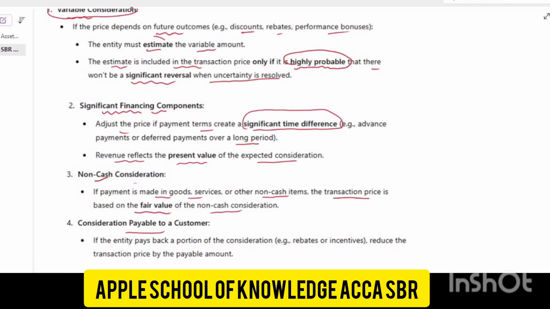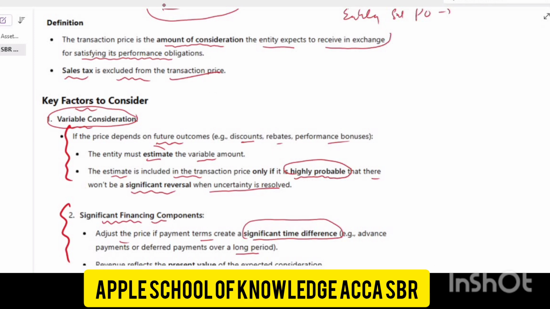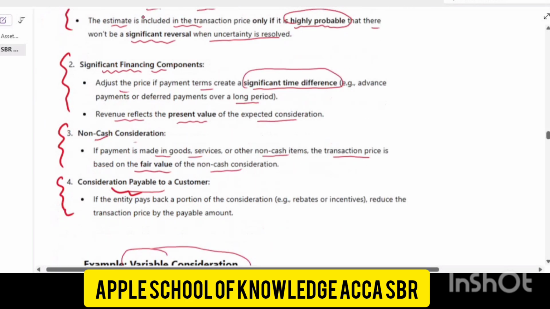We have already discussed variable consideration, then the significant financing component, also non-cash consideration, and now we have just done consideration payable to the customer. So when you are determining the transaction price, you also have to consider these key factors. Clear?